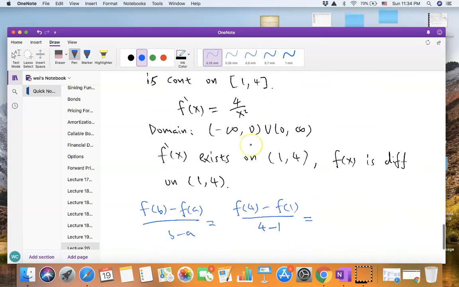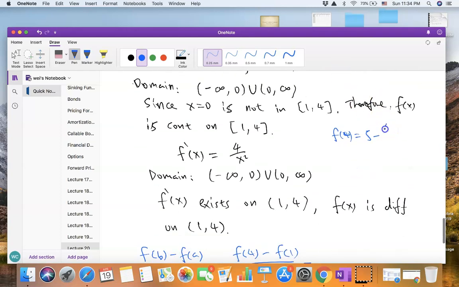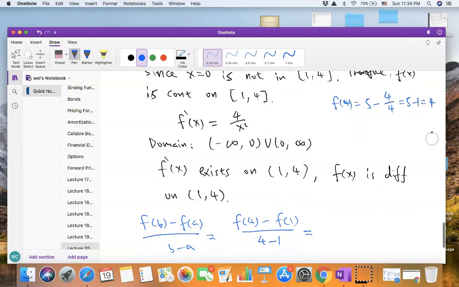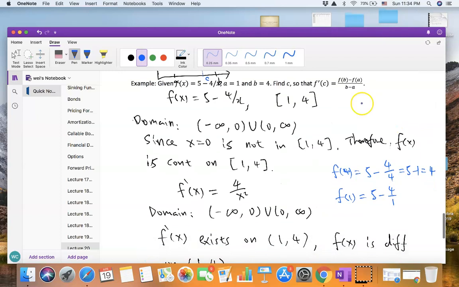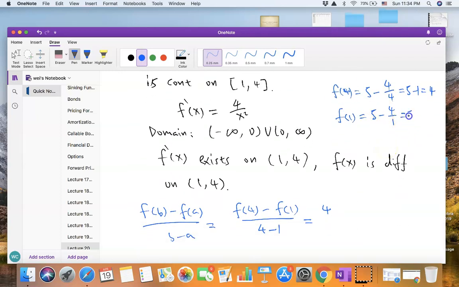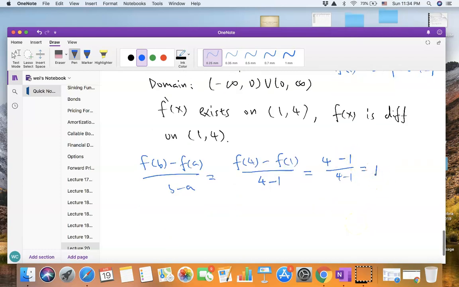When x equals 4, f of 4 equals 5 minus 4 over 4, which is 5 minus 1 equals 4. And f of 1 equals 5 minus 4 over 1, which is 5 minus 4, which equals 1. Since the numerator and denominator are the same, this equals 1.